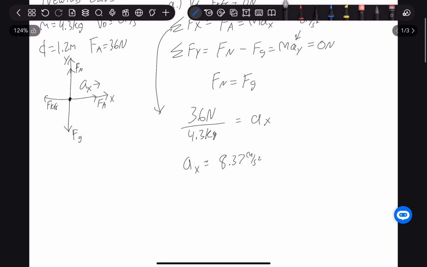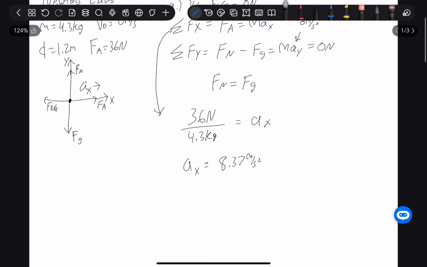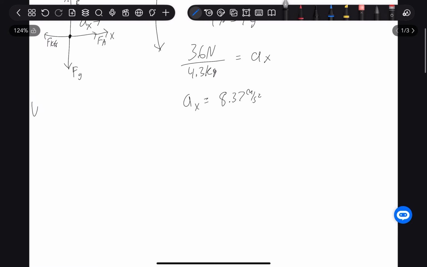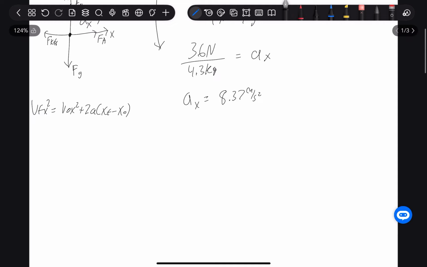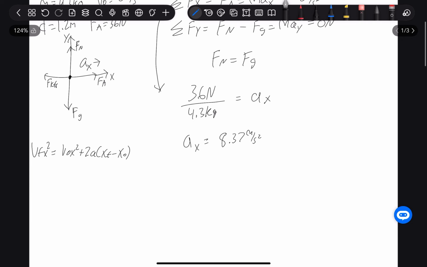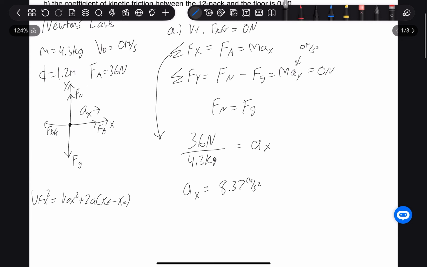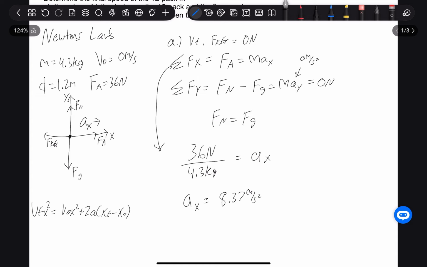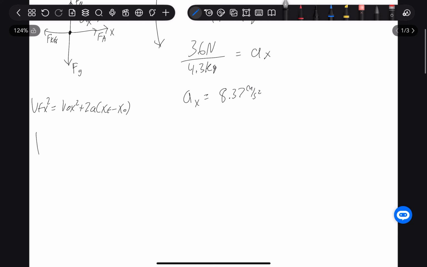So using that information that we found, we can use a kinematic equation: v of x squared equals v initial x squared plus 2a times x final minus x initial. Now we know that the v initial is equal to 0 meters per second. The acceleration we know, and x final minus x initial is just the distance, 1.2 meters. So we're going to be able to solve for v of x. So we're just going to plug in these values here.